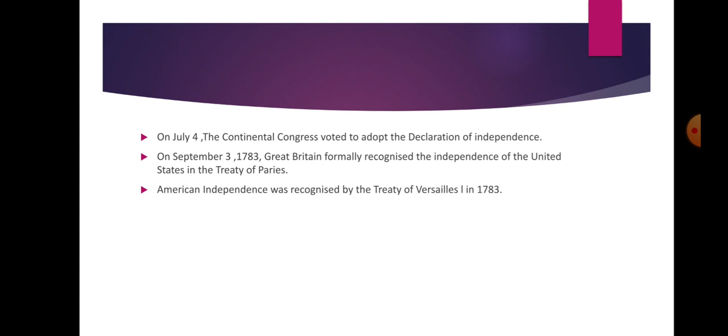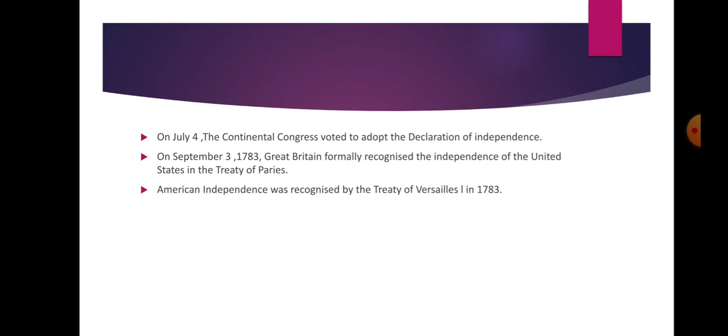On September 3, 1783, Great Britain formally recognized the independence of the United States in the Treaty of Paris. By signing the Treaty of Paris, Great Britain formally declared the independence of America.